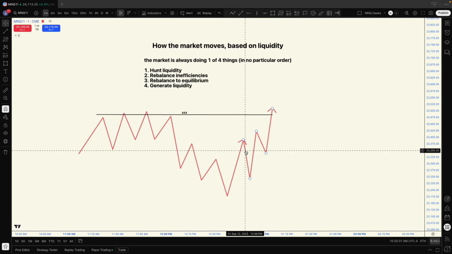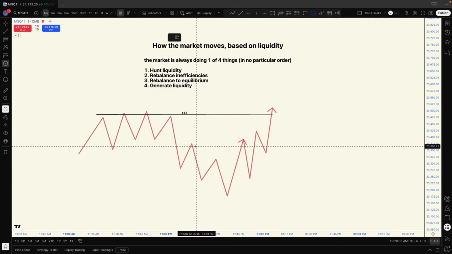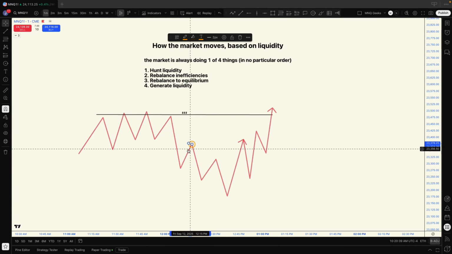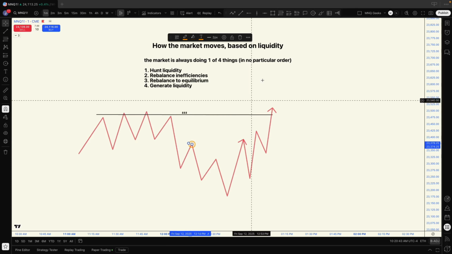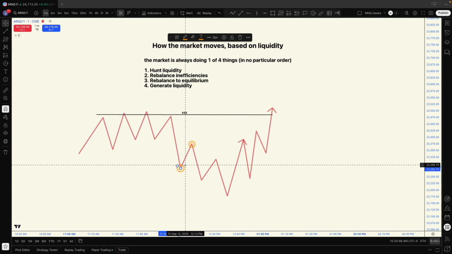I'll draw this a little bit better in a few seconds, but say for example, this high we create, when we come back to maybe rebalance equilibrium, rebalance inefficiencies, we're generating liquidity. This low, we're generating liquidity.